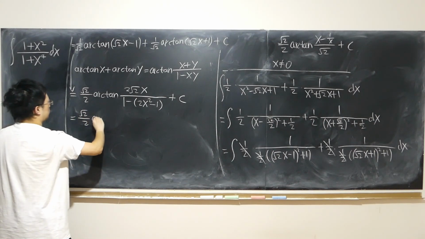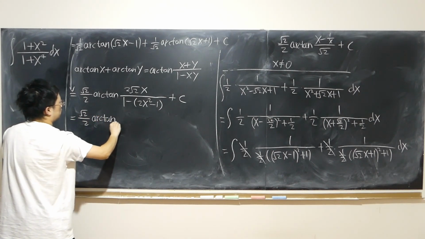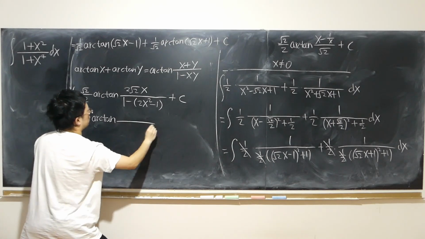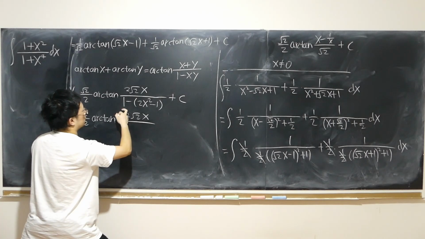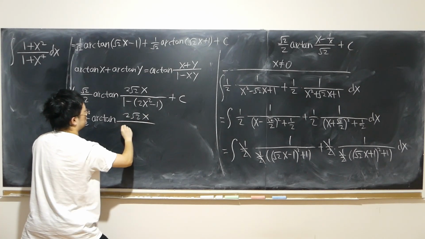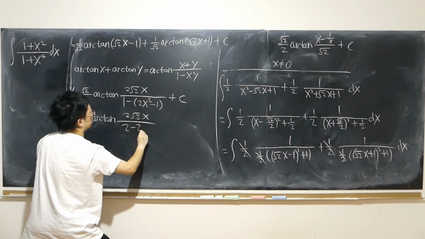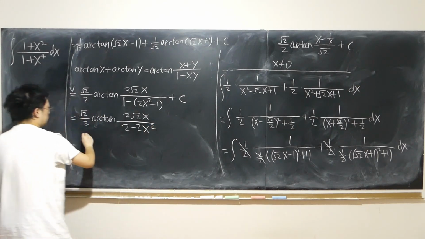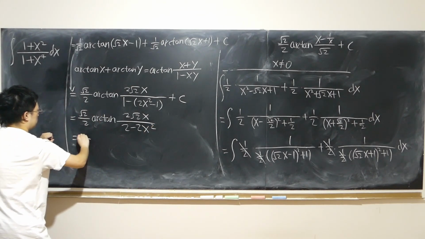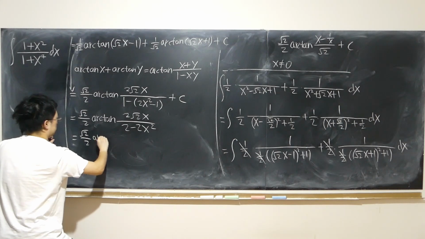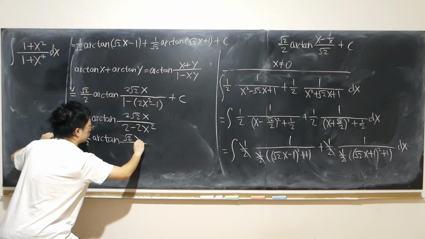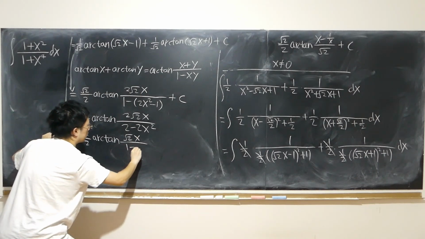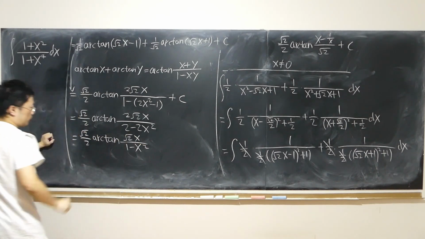square root of 2 arctangent, and this is 2 square root of 2x. This is 1 minus 2 minus 2x squared. That is just, I believe, arctangent of square root of 2x over 1 minus x squared.